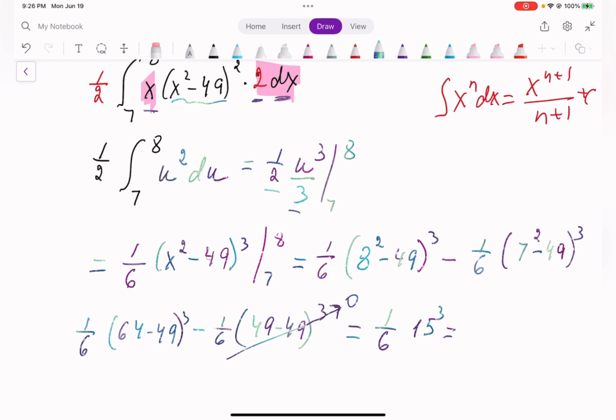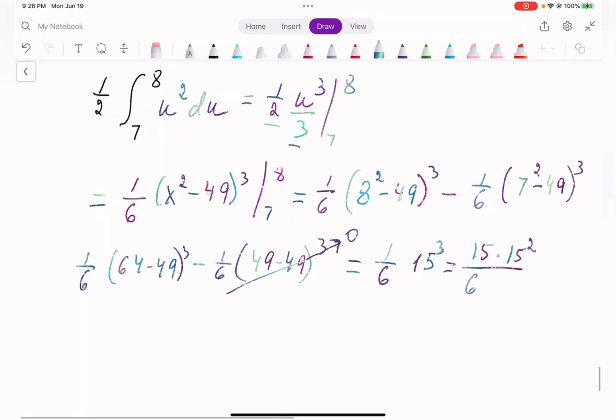Okay, well, let's see. I'm going to do it this way, since 6 I can divide by 3 and 15 also can divide by 3. 1 over 6 I will leave here, and here I will get 15 squared because I have degree 3, so 15 times 3 times 3. Okay, so from here this is going to be equal to 15 and 6 divided by 3.